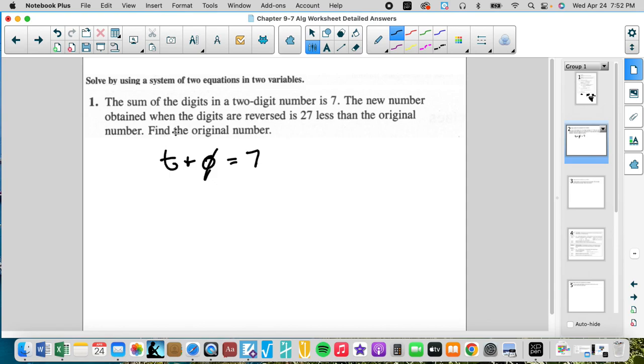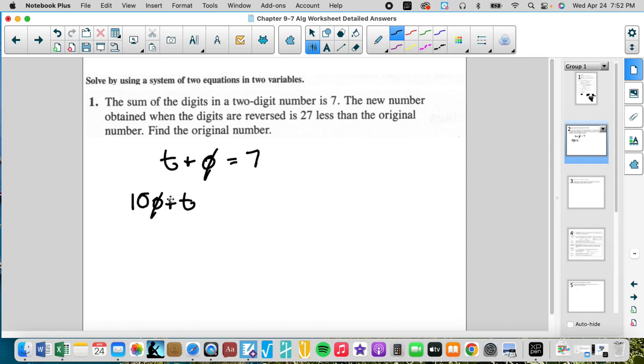So the new number, that's 10o plus t, that's the value of the new number, obtained when the digits are reversed, is 27 less than the original number.